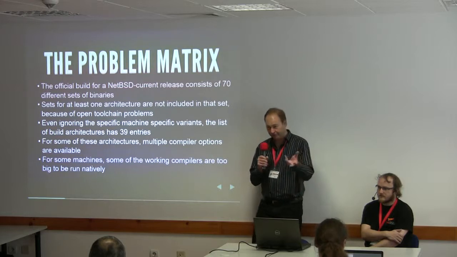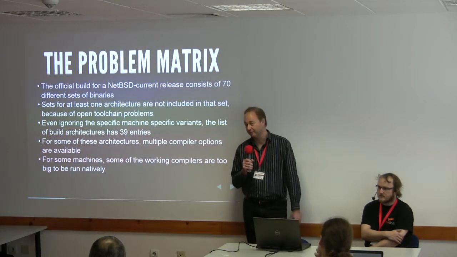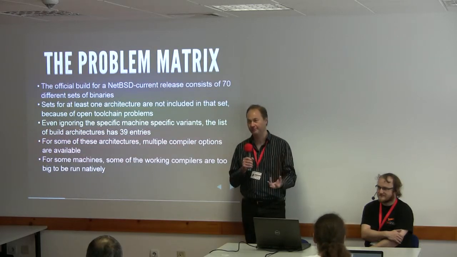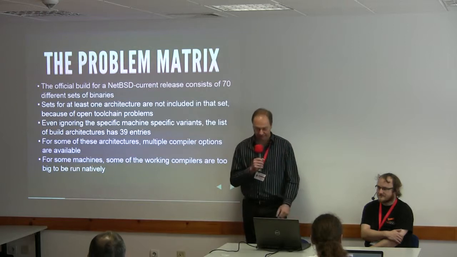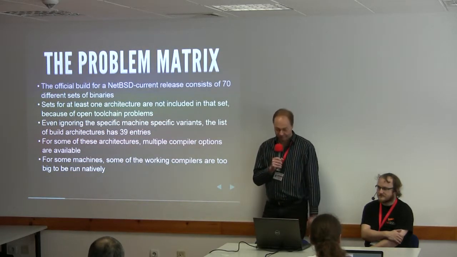And even if we ignore this oddball, we have, if my script didn't calculate it wrong, 39 architectures. Probably half of them ARM variants because we build ARM in Little Endian, Big Endian, with hardware float, with version 6, version 7, and so on. But besides that, there are quite a few differences.